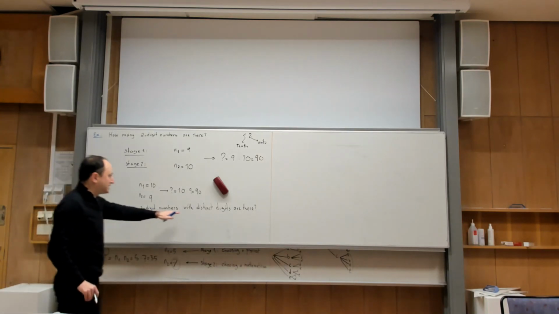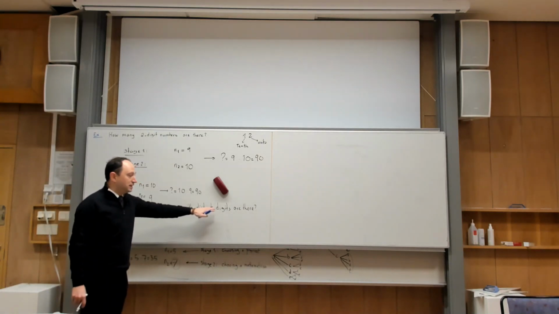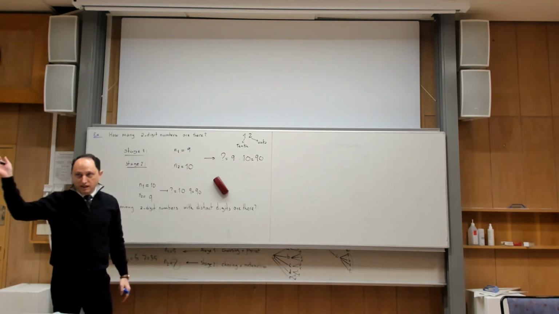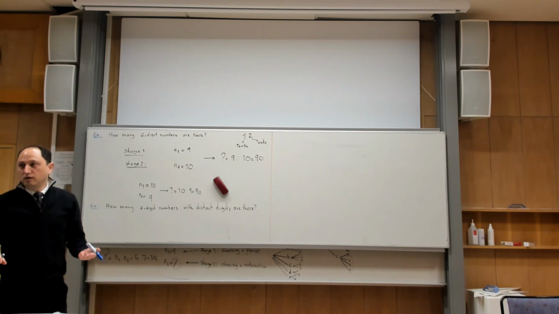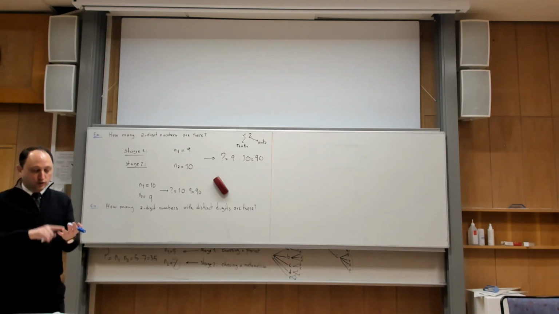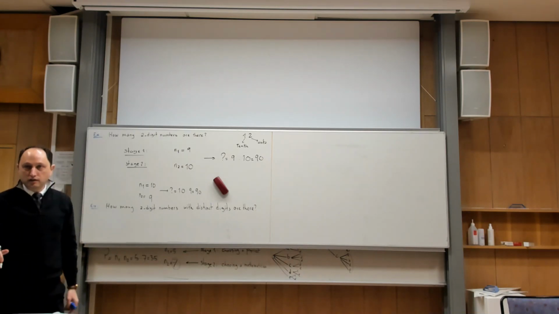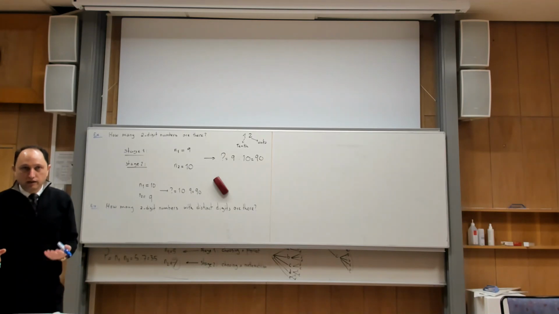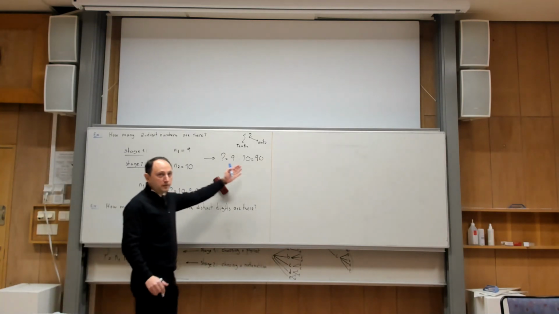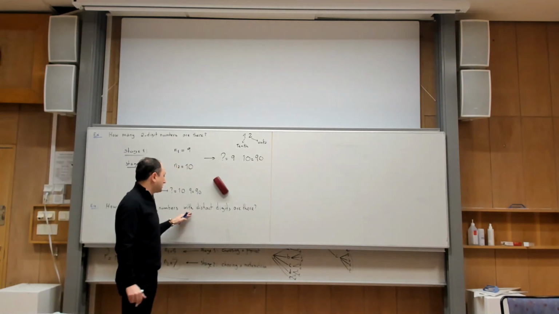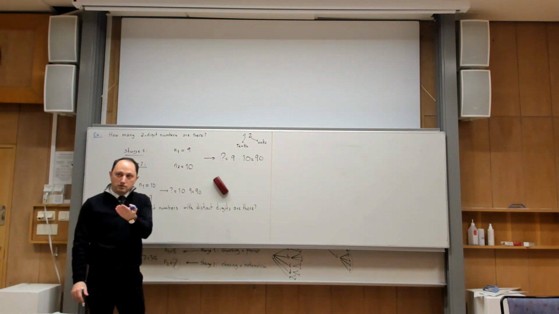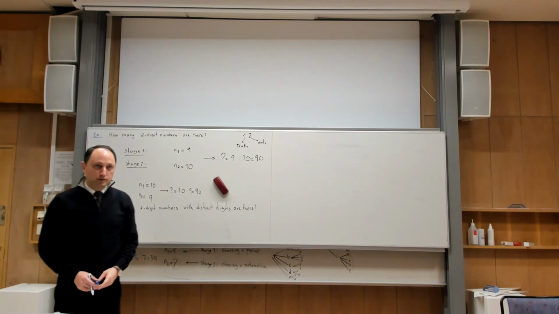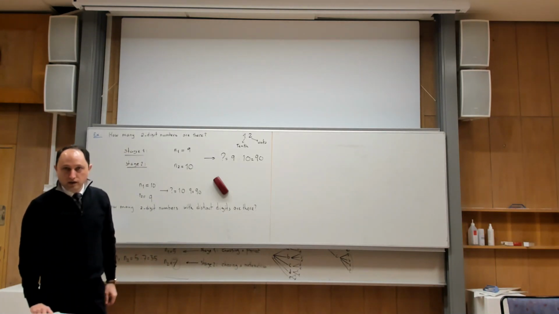I want numbers with distinct digits. So I need to take 11 away, 22 away, 33 away. How many of them are there, 11, 22, 33, up to 99? 9. So I had already 90, and 9 of them are not acceptable in this problem, so I take them away. So there are only 81 left. Yes, that's one way of thinking about the problem.